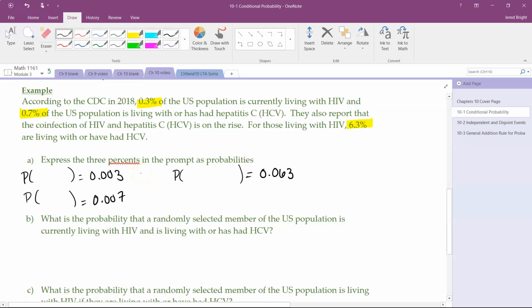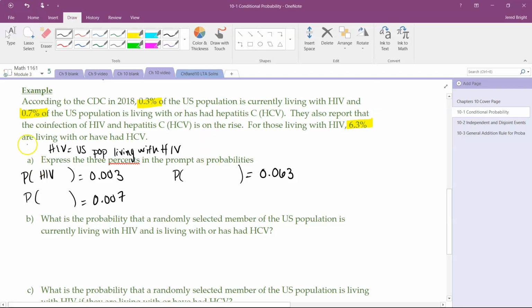It's the share currently living with HIV, so I'm going to call this the probability of HIV, and I'm going to define this event as the U.S. population living with HIV. Whenever you introduce symbols or events, you should name them so we're all on the same page later on when we're looking back at this.